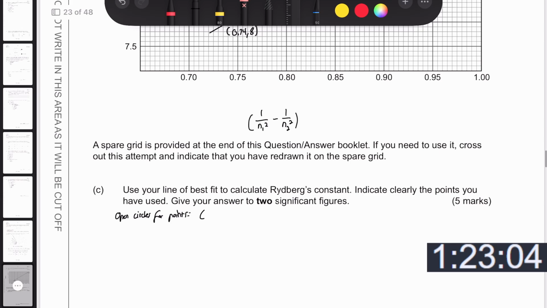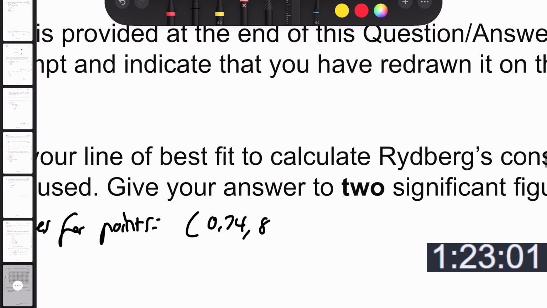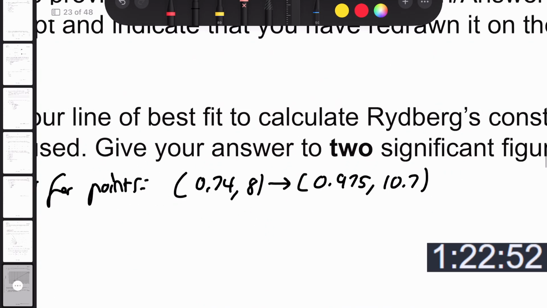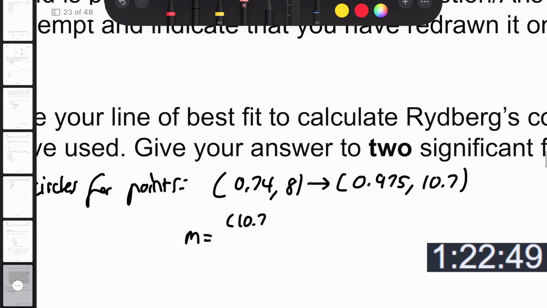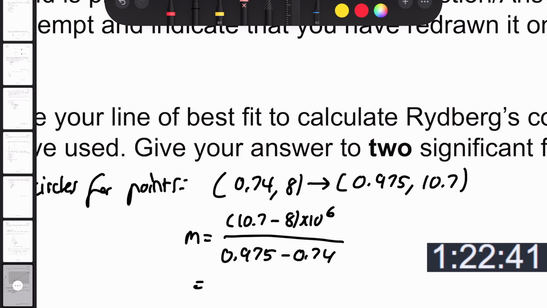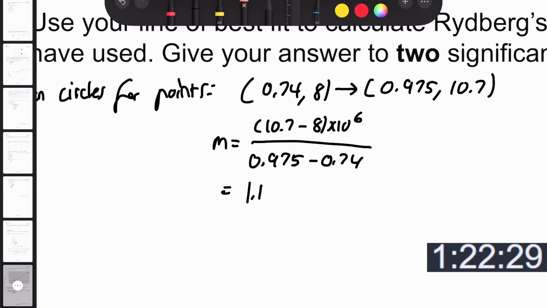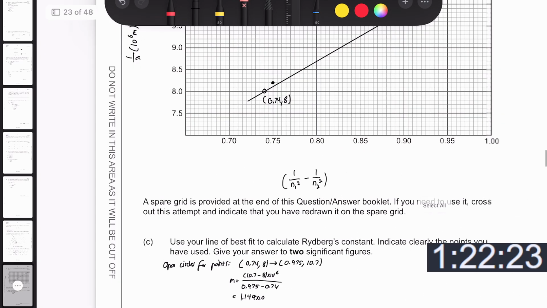This was 0.74, 8 and 0.975, 10.7. And M is going to be equal to 10.7 minus 8 times 10 to the 6 all over 0.975 minus 0.74. I get this is 1.149 times 10 to the power 7.